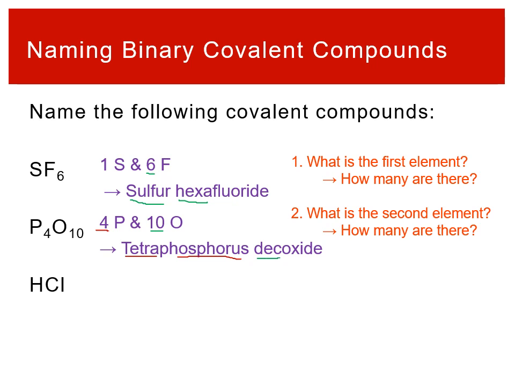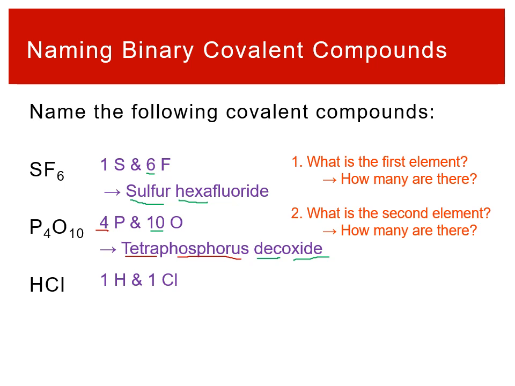The O is then the oxide, and it does need to get its name changed because it is the second atom. So it's a bit more complicated: tetraphosphorus decoxide. But one of the reasons it's more complicated is that there are a lot more parts in there, because you're conveying more information. You're not just conveying that there's phosphorus and oxygen, but the number of each of them, 4 phosphoruses and 10 oxygens.